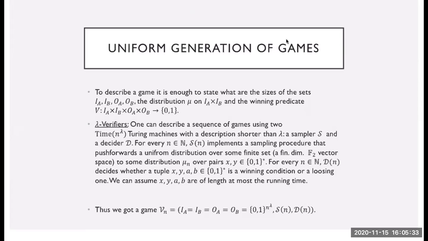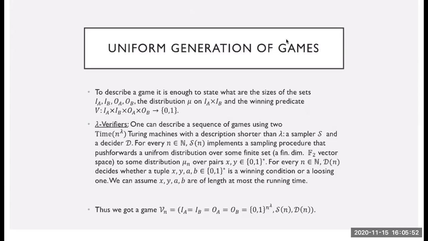And a lambda verifier is a way to uniformly generate an infinite sequence of games. So instead of just defining a single game, I want to define a sequence of games.